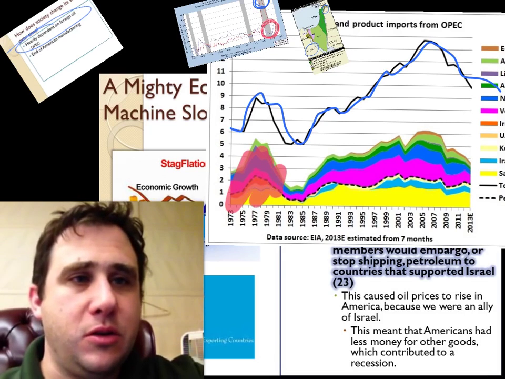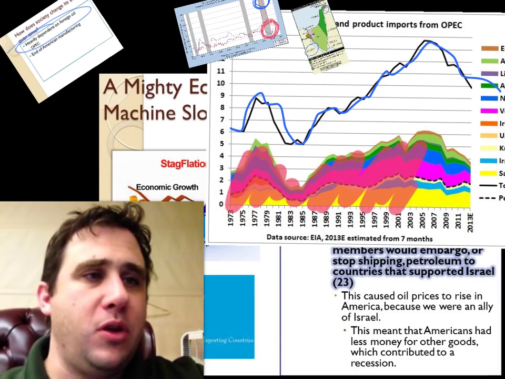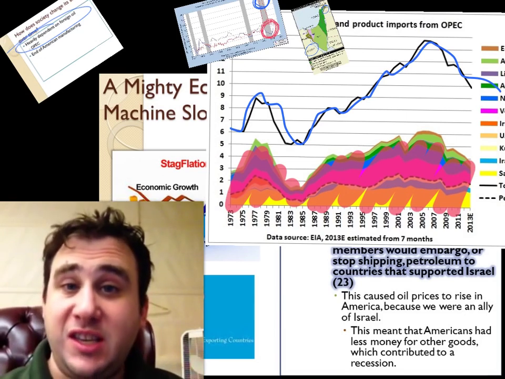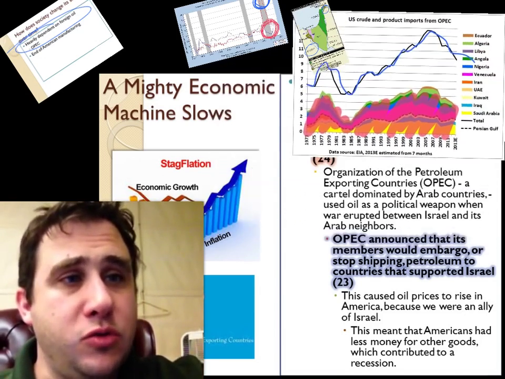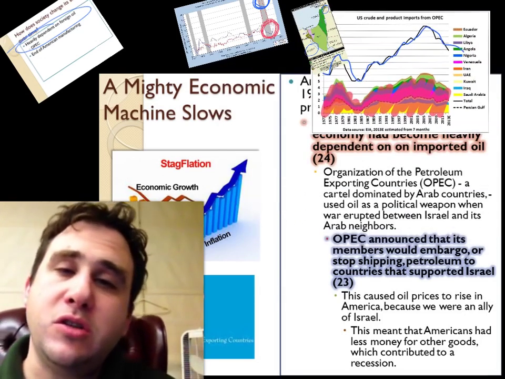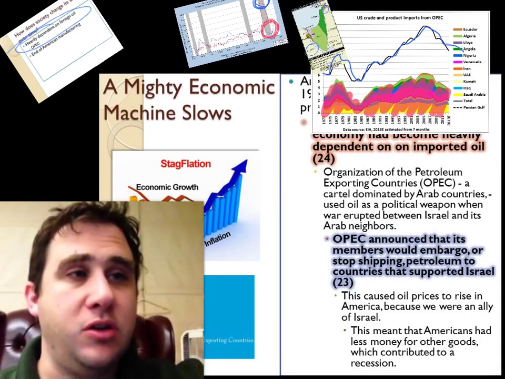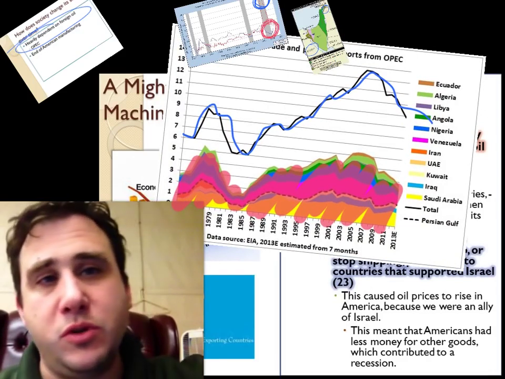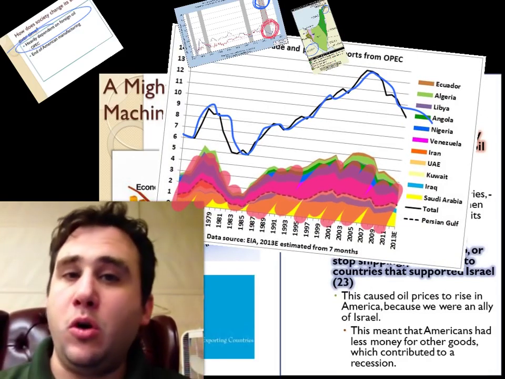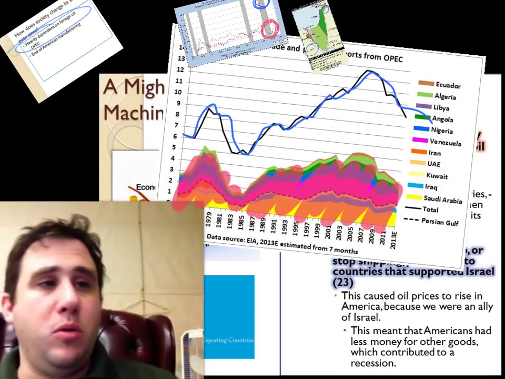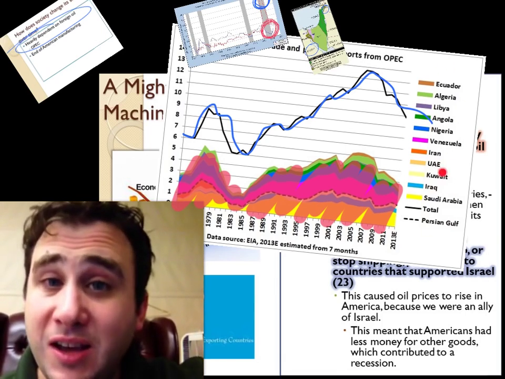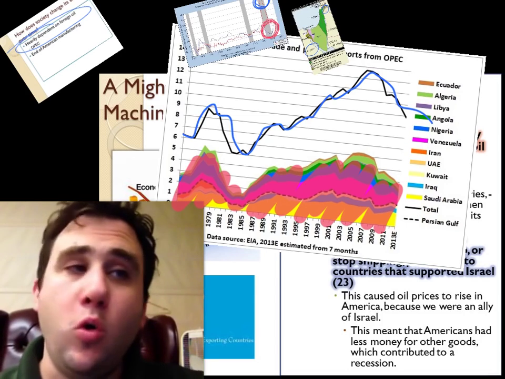These colors are oil that is all imported from a group of countries that work together. Those countries are called the Organization of Petroleum Exporting Countries, also known as OPEC. So these countries, whether it's Ecuador or Algeria, Libya, Angola, all the countries you can see circled by my pointer, are all member states of OPEC.